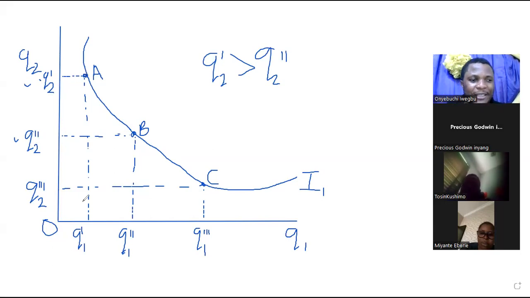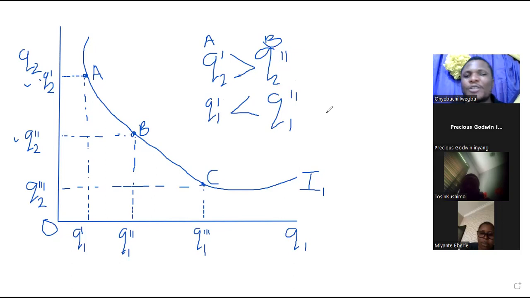At point A, the quantity of Q1, which is Q1 prime, is lower than the quantity of Q1 prime prime at point B. You can see in point A, Q2 prime is higher than Q2 prime prime, and at that same point A, Q1 prime is lesser than Q1 prime prime.